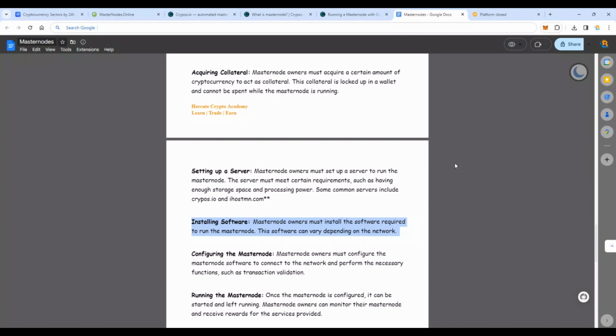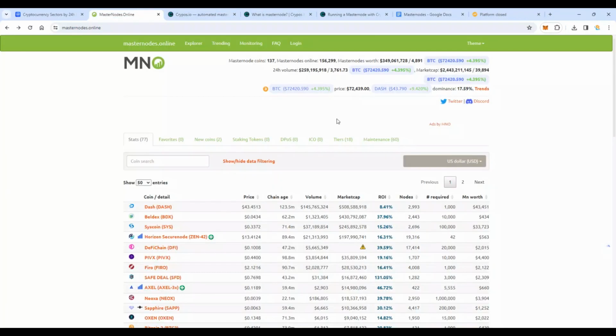And what I mean by this is that sometimes you might realize that for you to run a complete full node, okay, for example, if you go to masternodes.online, this is where you're going to find all the information about the masternodes. Now if you look at a project like Dashcoin, which is one of the biggest and most successful masternodes, the price of one Dashcoin is around $43, and you can see the chain edge here is 123.5 million.